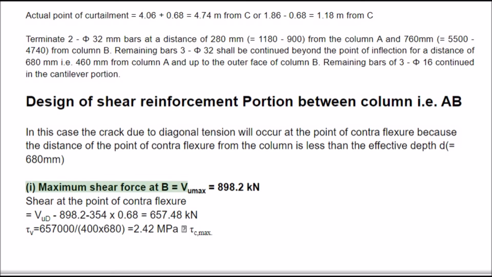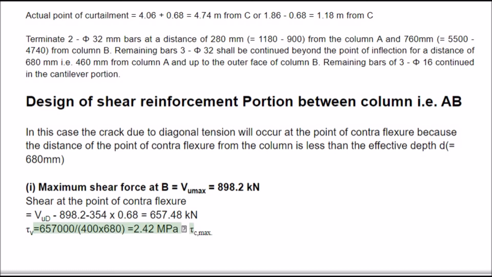Maximum shear force at B equals Vu max equals 898.2 kN. Shear at the point of contraflexure equals Vud equals 898.2 minus 354 x 0.68 equals 657.48 kN.